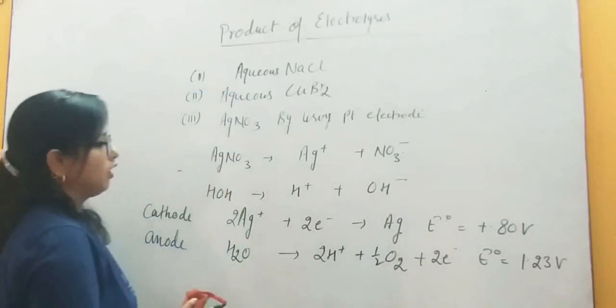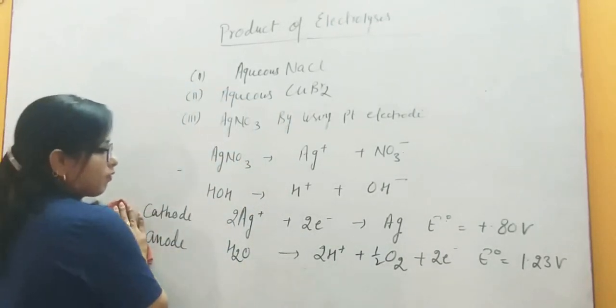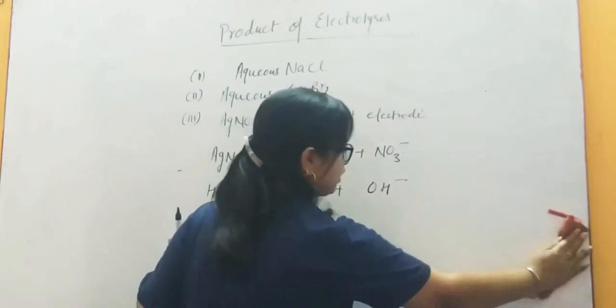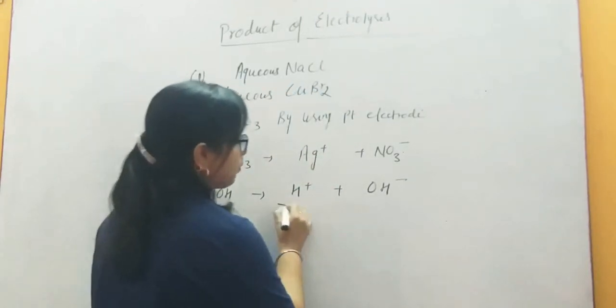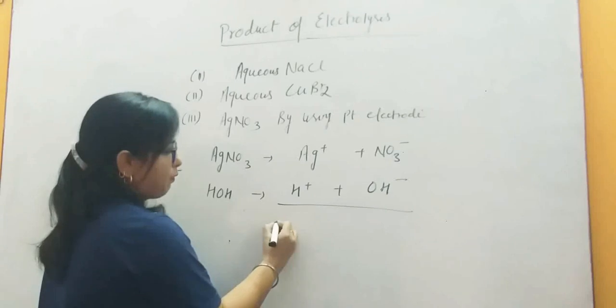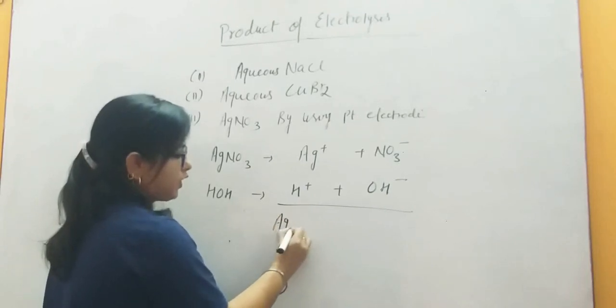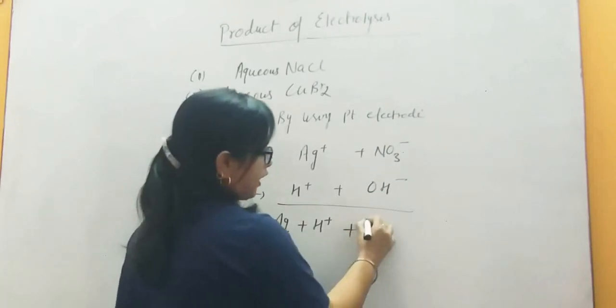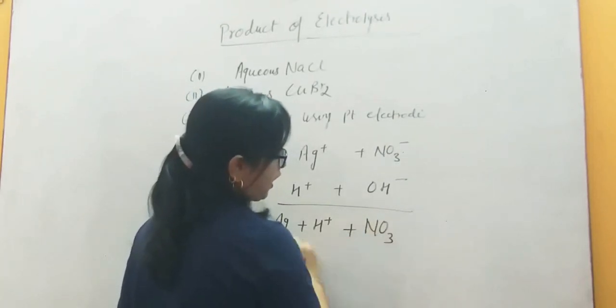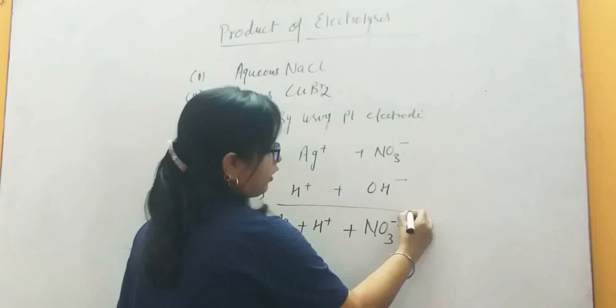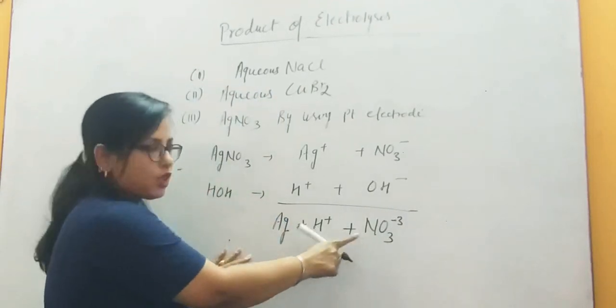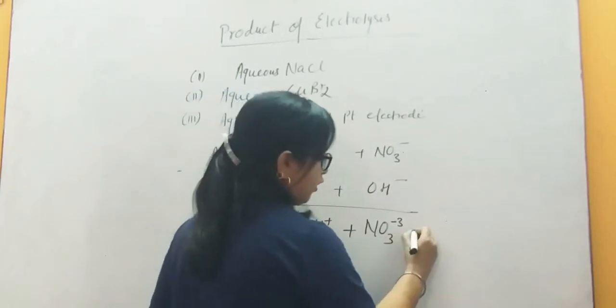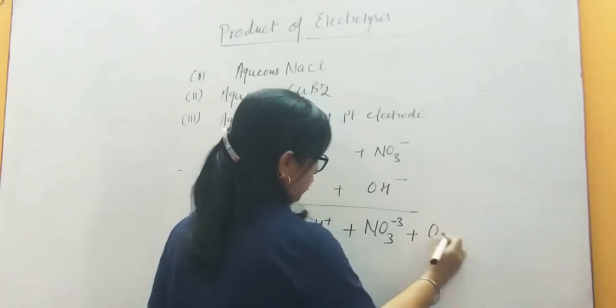So I am again finally writing what the expected reactions are. In these two parts, Ag plus is converted into Ag and H plus remains in the form of H plus. Nitrate ion, due to higher discharge potential and higher oxidation state of nitrogen, cannot be further oxidized, and OH minus is converted into oxygen.